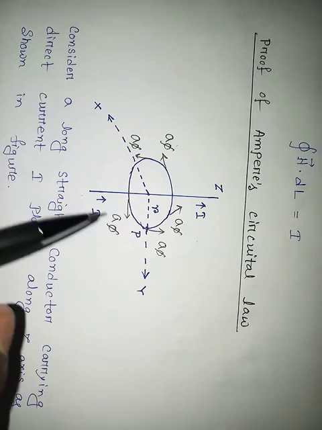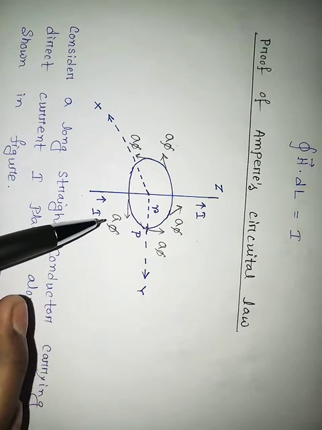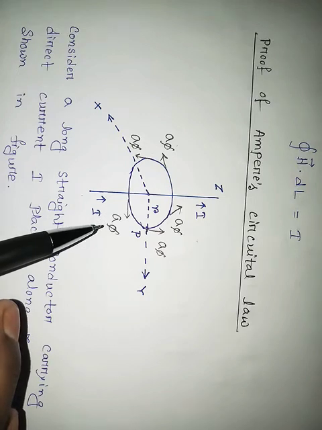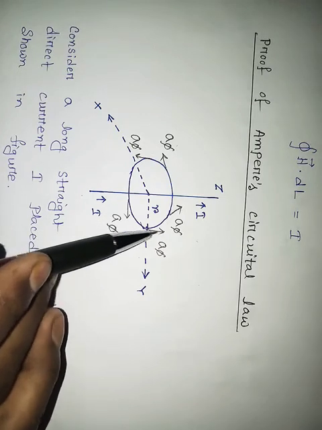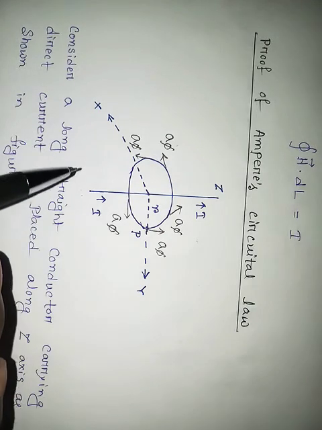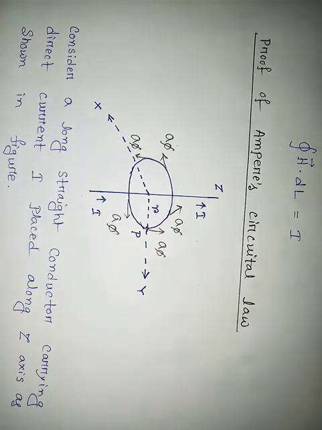The point P is at a perpendicular distance r from the conductor. Again we consider a differential length, that is dl, at point P, which is in the phi direction, the unit vector phi direction.